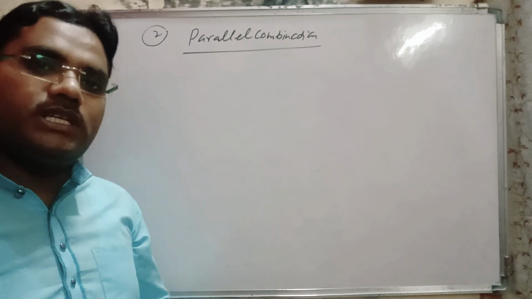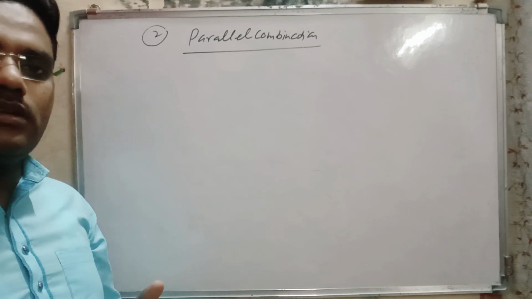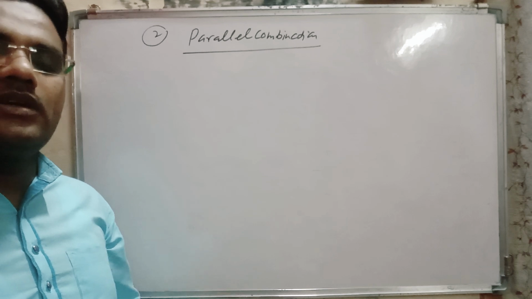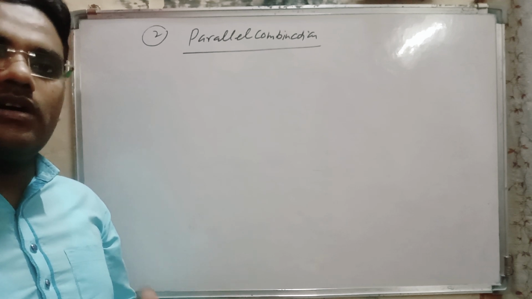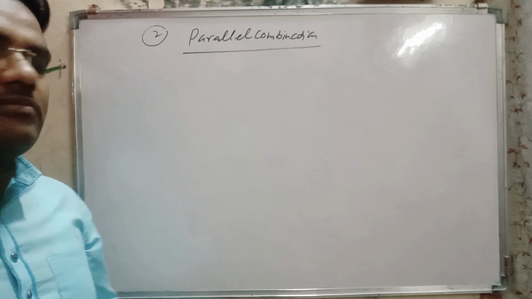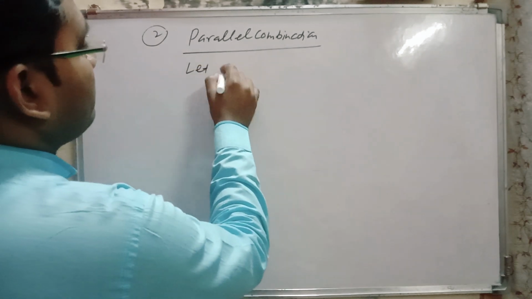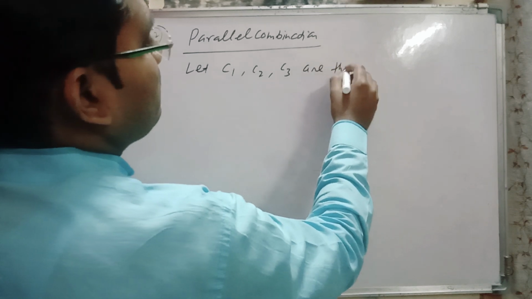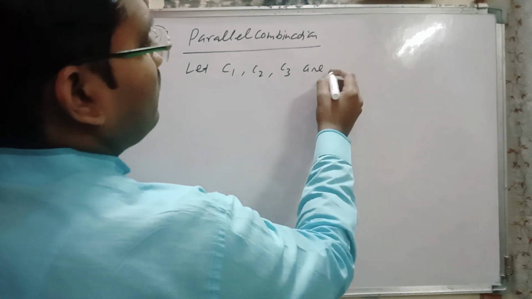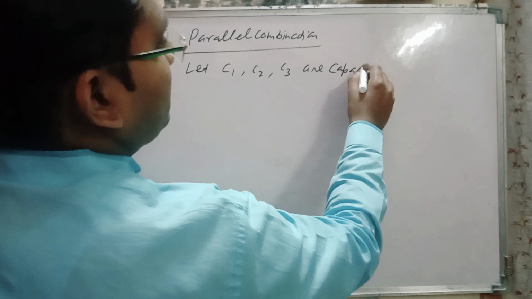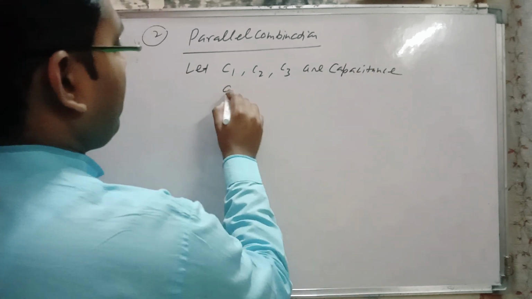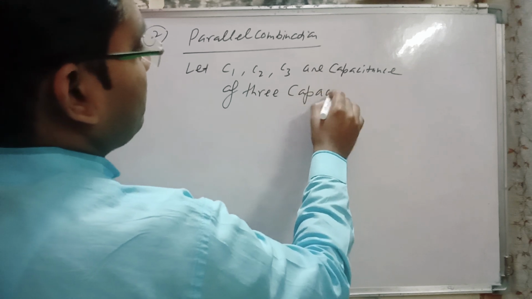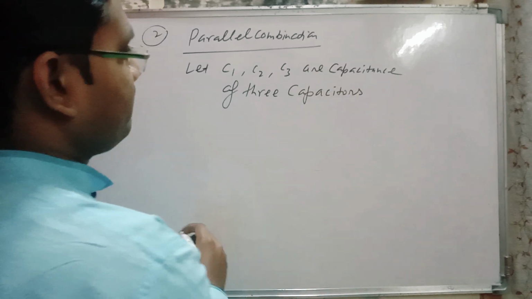In parallel combination, the charge on each capacitor is different, but the potential difference across each capacitor is the same. Now here let C1, C2, C3 be the capacitances of three capacitors.